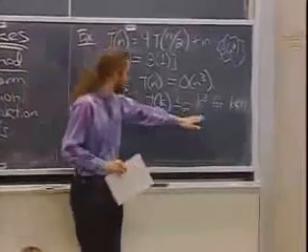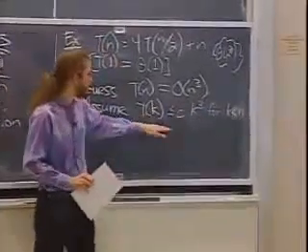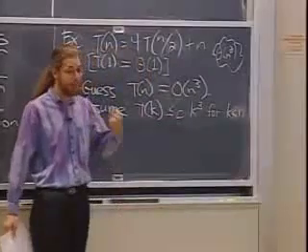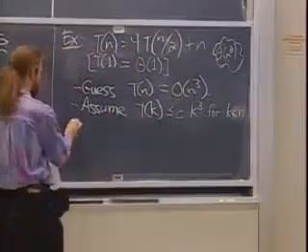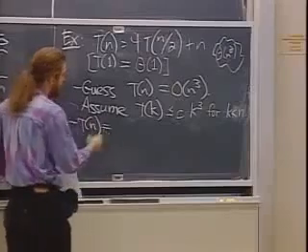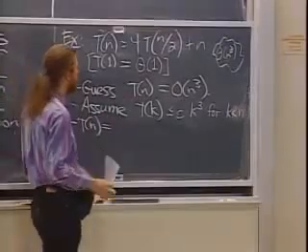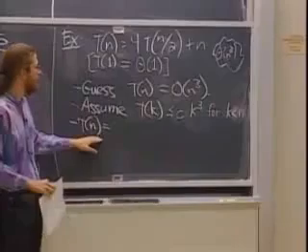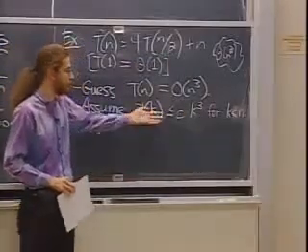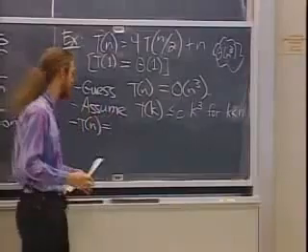OK, so now I've written out the constant. I should be safe. What I need to prove, I'm assuming it for all k less than n, and now I have to prove it for k equal to n. So I'm going to take t of n and just expand it. I'm going to do the obvious thing. I have this recurrence, how to expand t of n. Then it involves t of n over 2, and I know some fact about t of n over 2 because n over 2 is less than n.